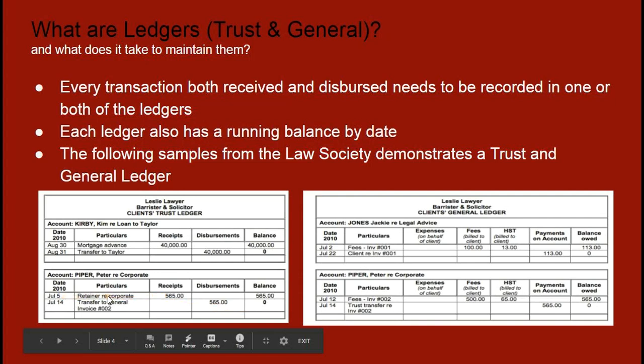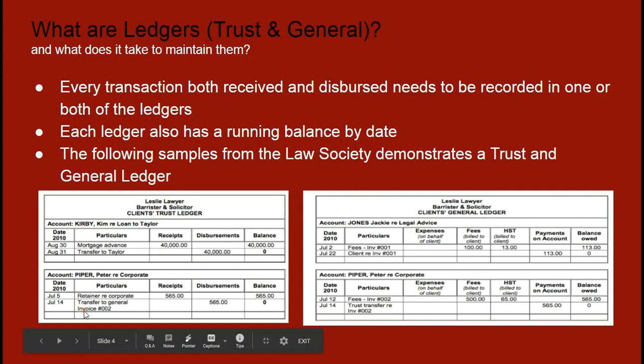On July 5th, Peter paid your legal firm a $565 retainer that was received on July 5th. And when you compare it with the general ledger, you now see the next insight into that story: on July 12th, you generated an invoice 002, which was for the total amount of $565, broken down as $500 being the legal fees and $65 being the taxes.